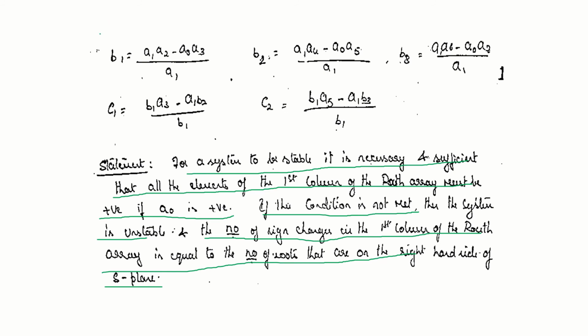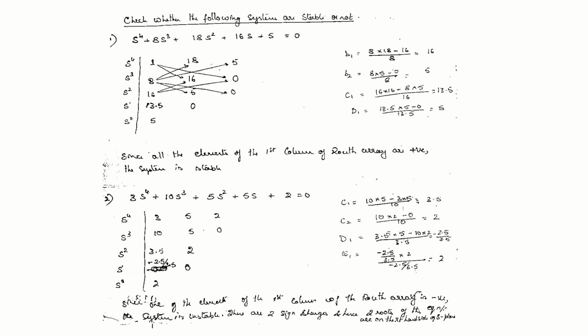Okay. Now if you have understood this, let us look at some simple examples. Let us check whether this system is stable or not. S to the power of 4 plus 8s cube plus 18s square plus 16s plus 5 is equal to 0. So coefficient of this is 1, next 18, next 5.